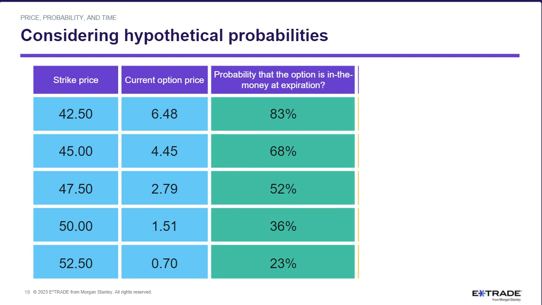Okay, so the 42.50, which is already in the money by a good amount, like $5, has an 83% likelihood that it will be in the money at expiration. On the other hand, the right to buy the stock at $52.50, that higher strike price down there, has only a 23% chance of being in the money at expiration. All right, so consider this though.